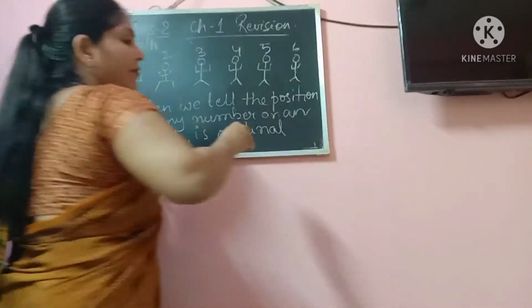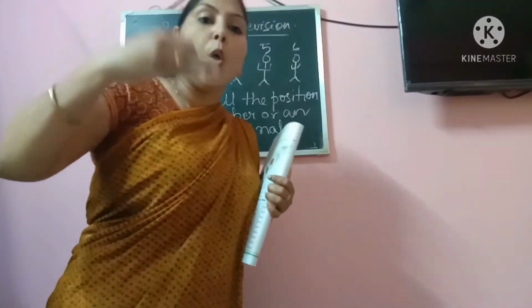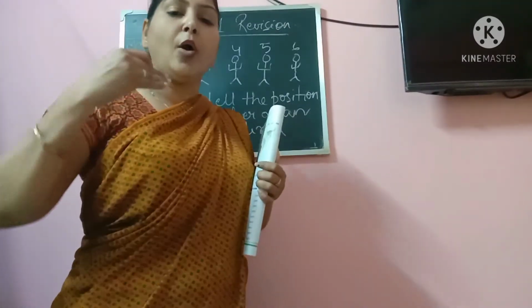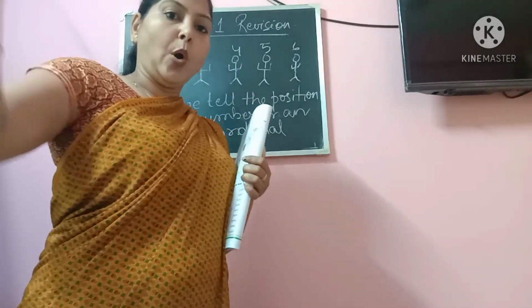Ordinal number means when we tell the order of any object or any number.